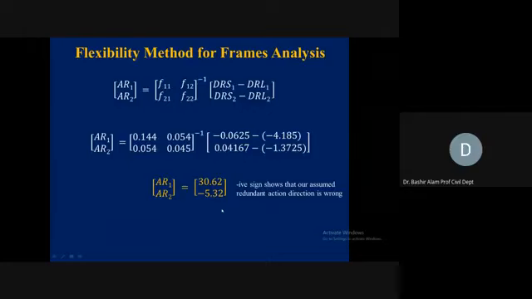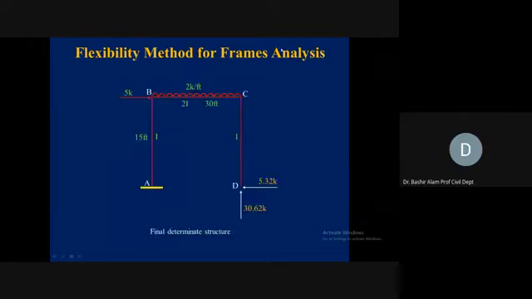Next, we put these reactions on this sketch, on the structure, and it is now a statically determinate structure. You can find out the support reactions. You can start analyzing this one.